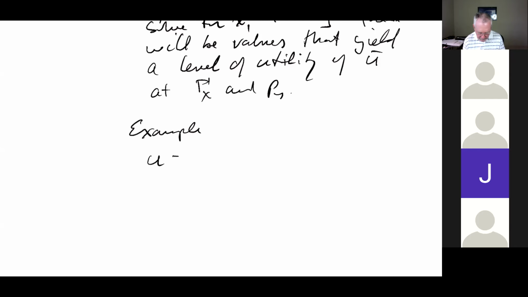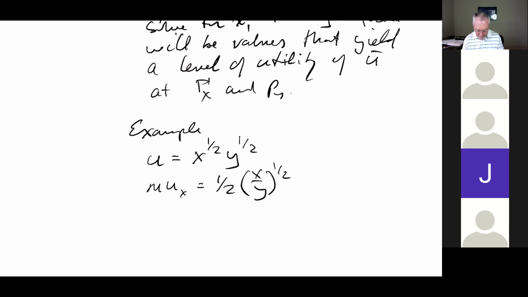I say that the individual's utility function is the square root of X times the square root of Y. And we know with this utility function that the marginal utility of X is 1/2 Y over X to the 1/2, and the marginal utility of Y is 1/2 X over Y to the 1/2. And so together, the MRS simplifies to Y over X.